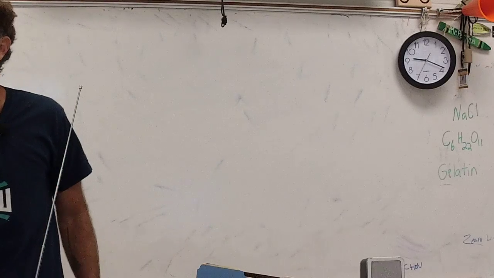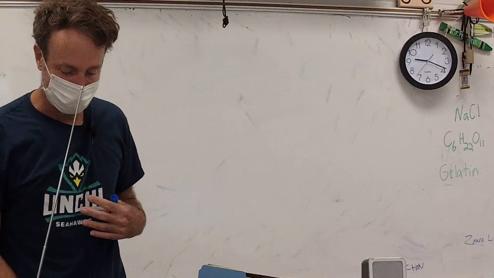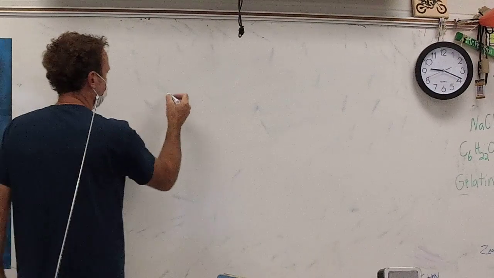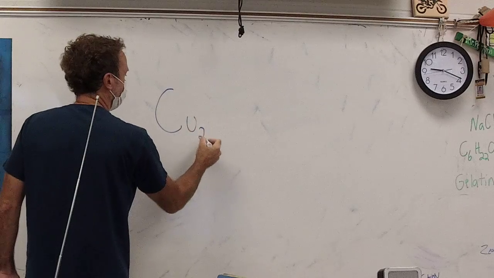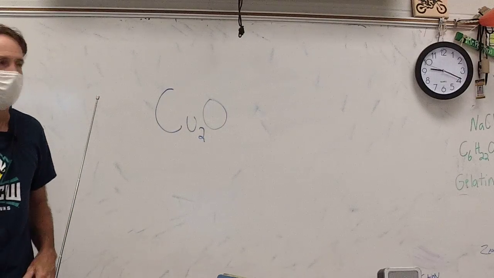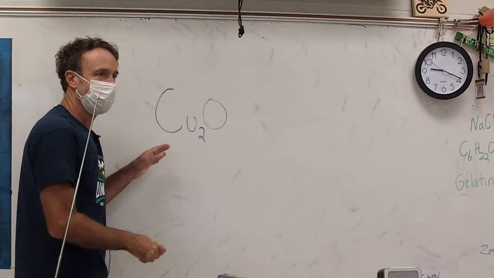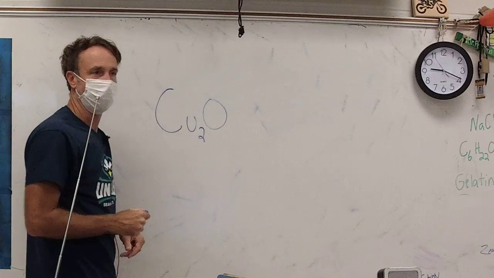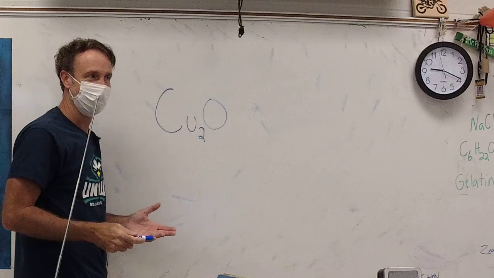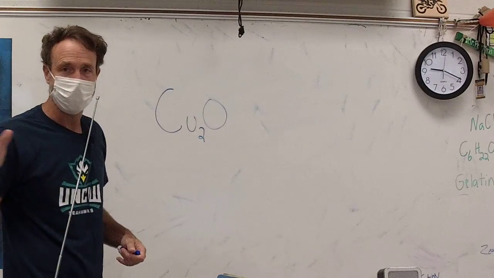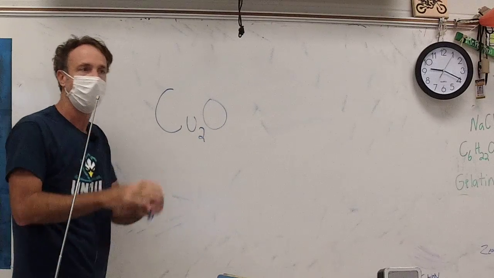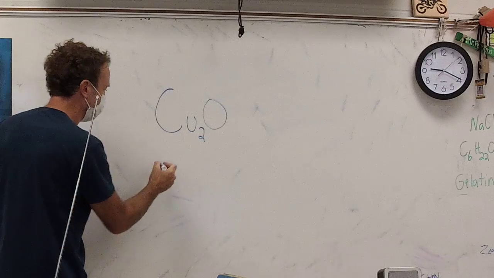I'm kidding. All right. Here's something I see happen all the time with students. They'll see this: Cu2O. Copper 2 oxide. Wrong. This isn't the Roman numeral. That's how many of these atoms there are. Right? You instinctively, and it's not because you're stupid, it's just how our brains work, you go, oh, copper 2 oxide. No, this is copper(I) oxide.